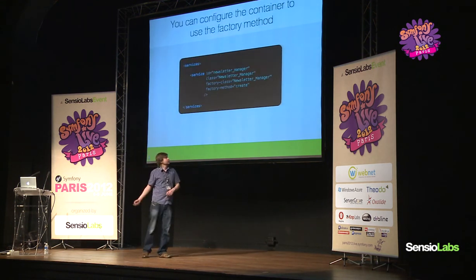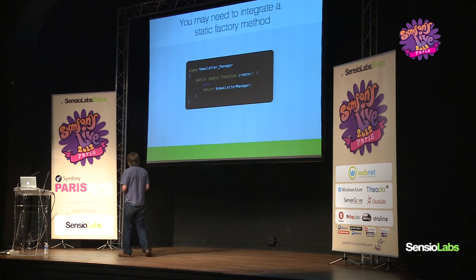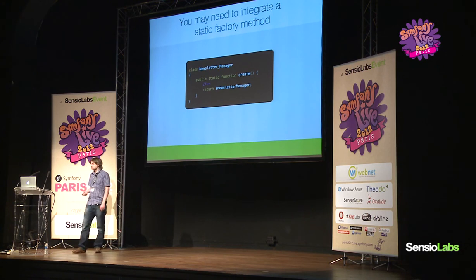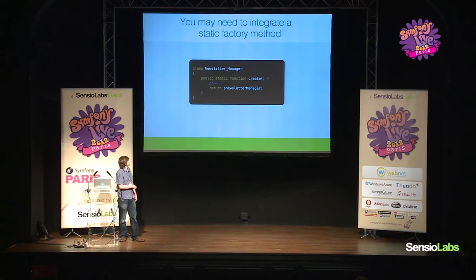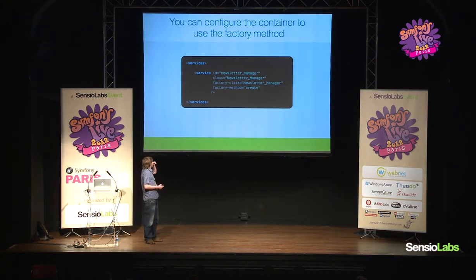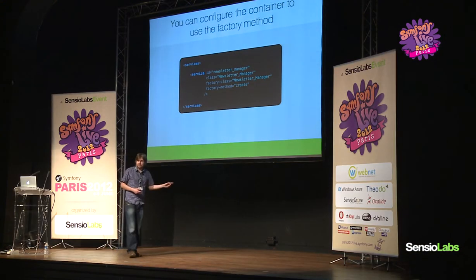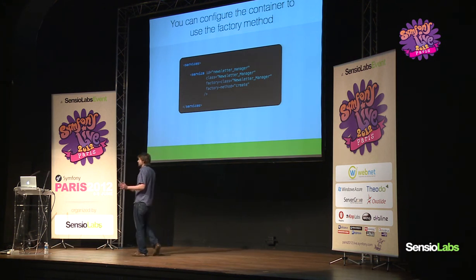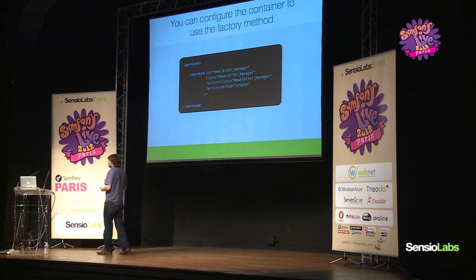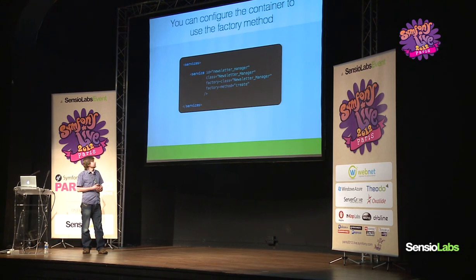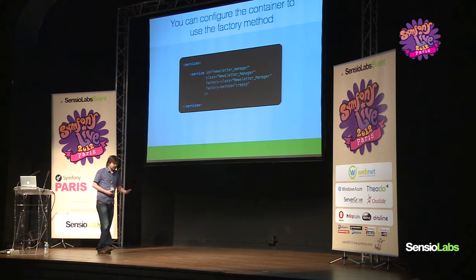Fortunately, this isn't a massive problem because there's a few extra attributes that you can add to the service definition. So as well as specifying the class, what we can do is specify a factory class and the method, and then the service container will know that the first time that you want to use this service, it needs to call the static method of the class itself in order to actually obtain a newsletter manager.